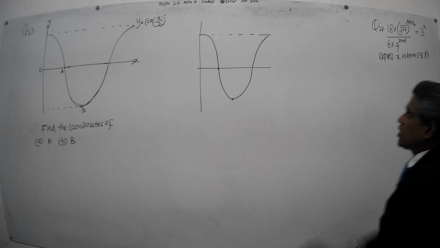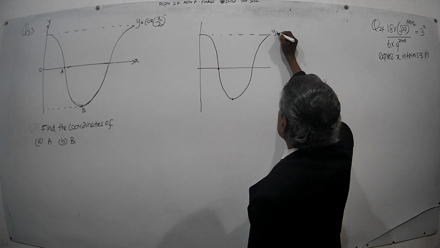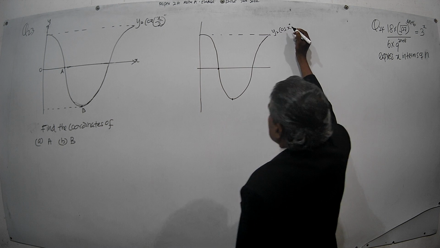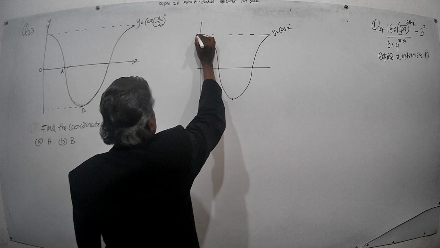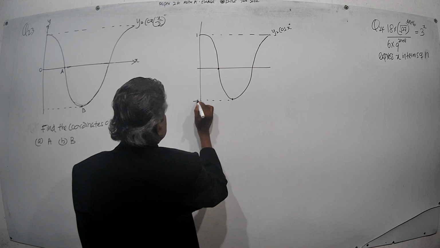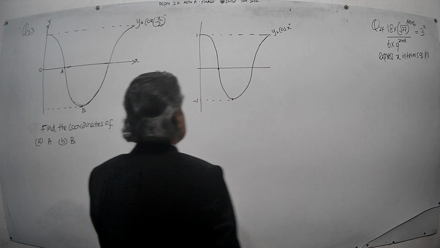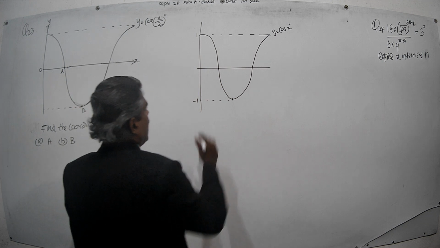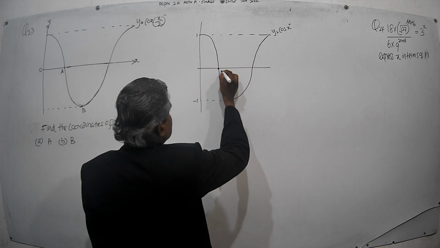In the graph y equals cos x, this one is positive 1, the maximum point of the cos graph. The minimum value of the cos graph is minus 1. In the first revolution the graph cuts the x-axis at 90 degrees.